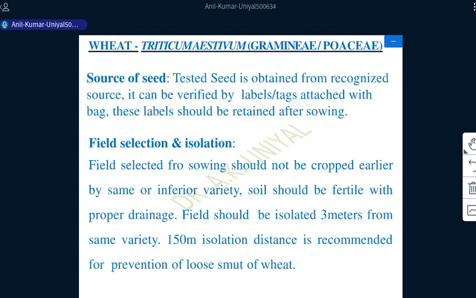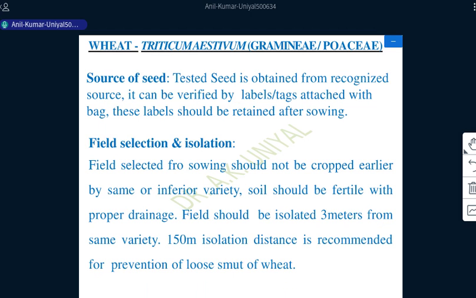Then the second step is to select the field for cultivation. The field selection should not be the earlier cropped field. There should be a 2-year gap from the same crop, for this variety or similar or different cultivars of wheat.